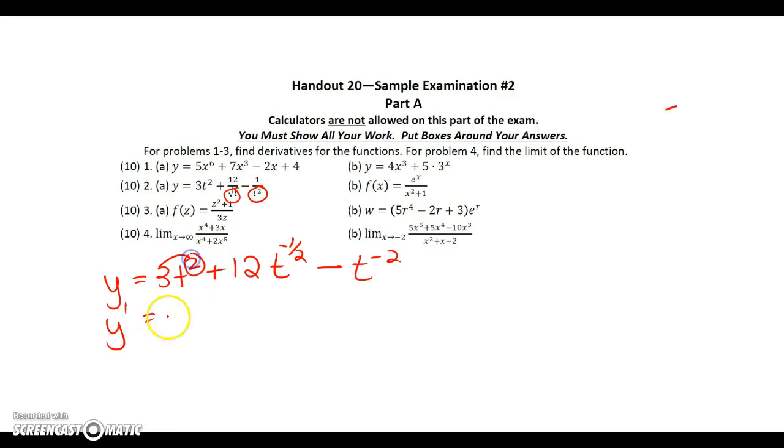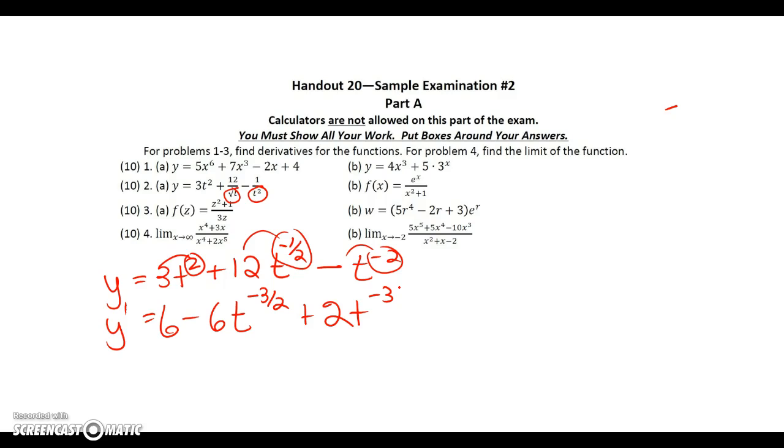Y prime equals 6t, this is coming down, minus 6t to the negative 3/2. I always subtract 1 off of that exponent. This is coming down, we say plus 2t to the negative 3.